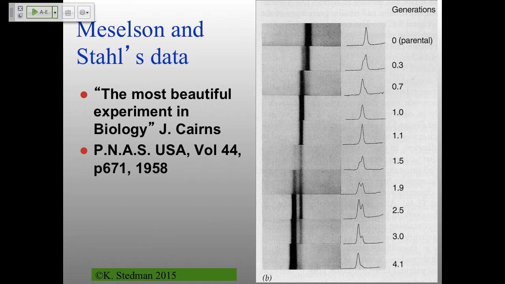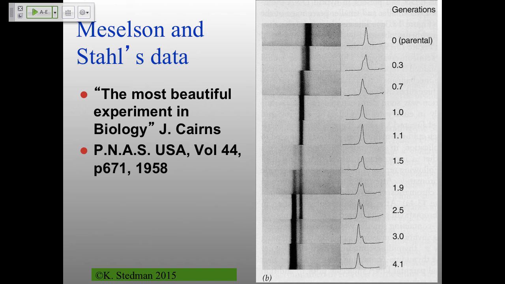As you grow the E. coli, this band starts to move upwards, and after one generation, it's clearly moved from down at the bottom to up here. What does that mean in terms of the 3 models? Which one has been ruled out by that process, just up to the first generation?